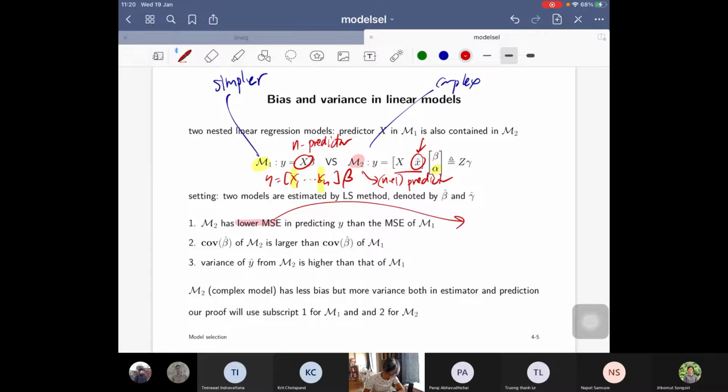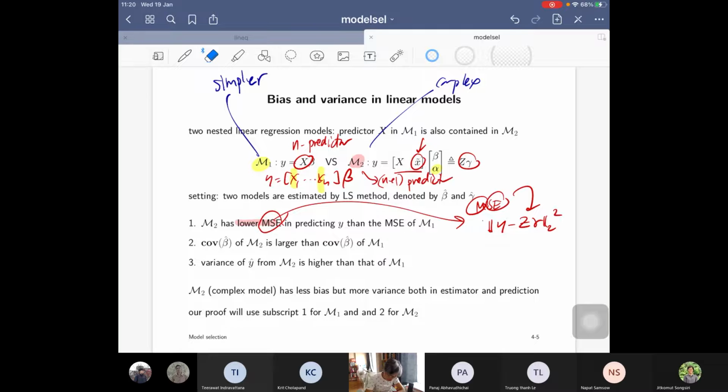If I need to be very accurate about this term, my MSE is basically the norm. If I talk about M2, it's actually the norm of y minus z gamma, squared. For the mean, I need to normalize by the number of samples, but the sum of squared errors is the 2-norm.